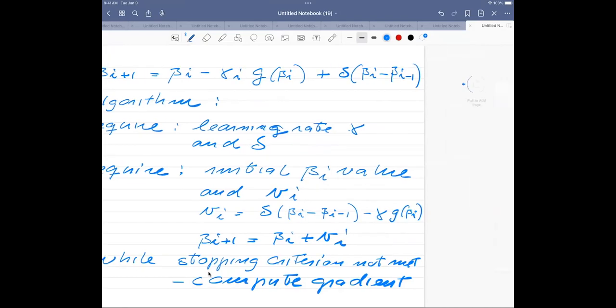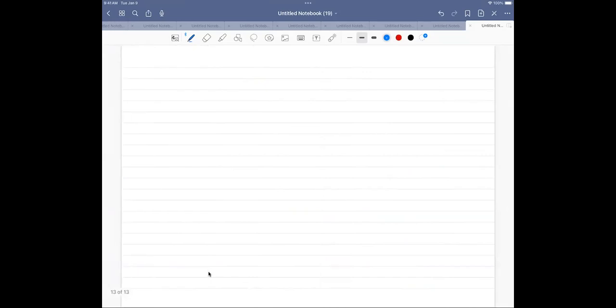So when we have done that, the next step is to compute this velocity term. So we compute this v of I equal to delta times beta of I minus beta of I minus 1, minus this gamma multiplied with a gradient.